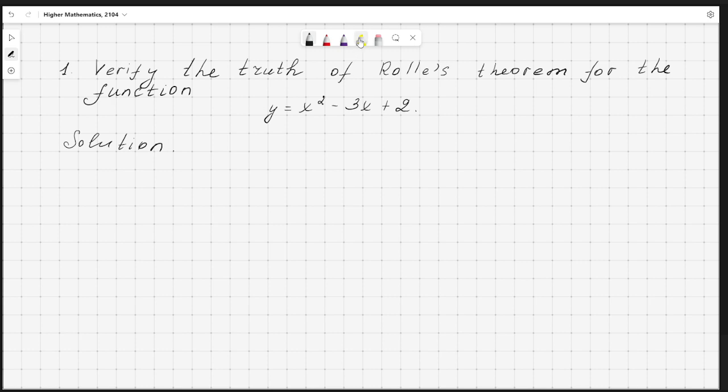And first I remember the theorem of Rolle, Rolle's theorem.